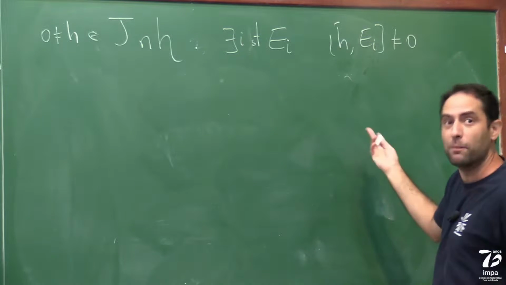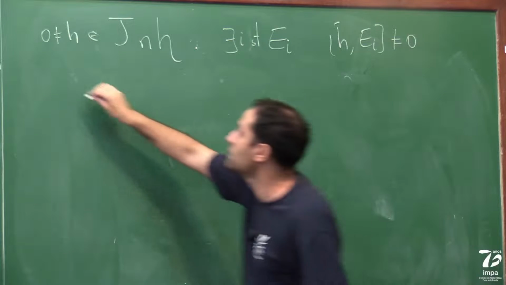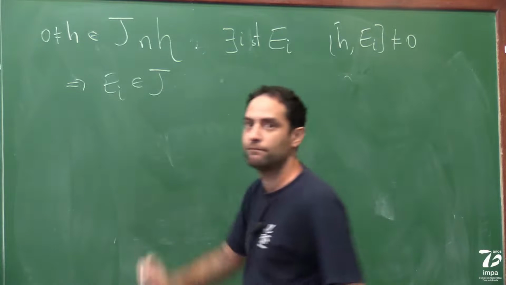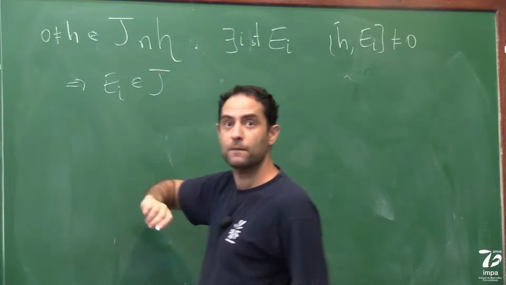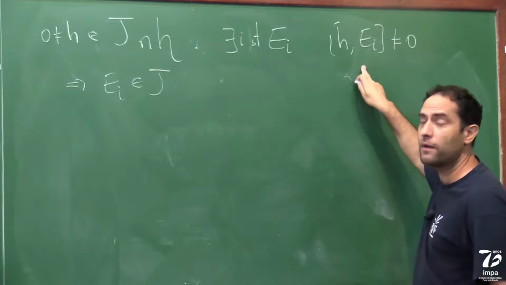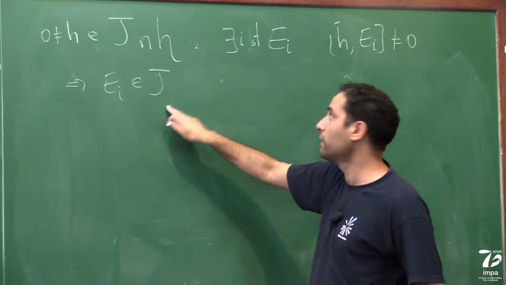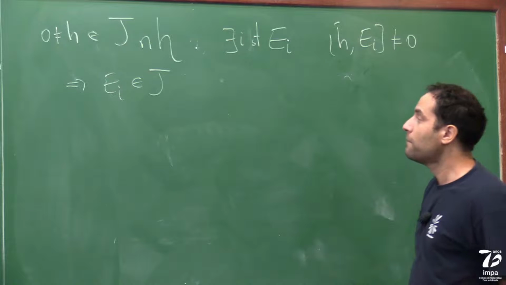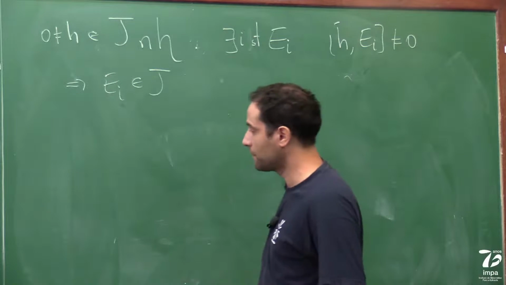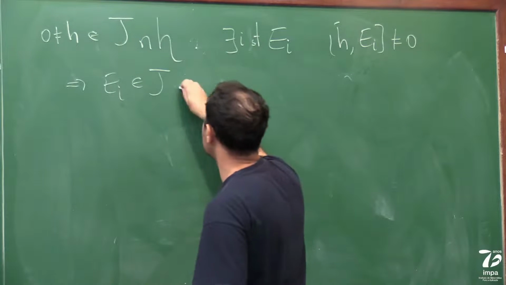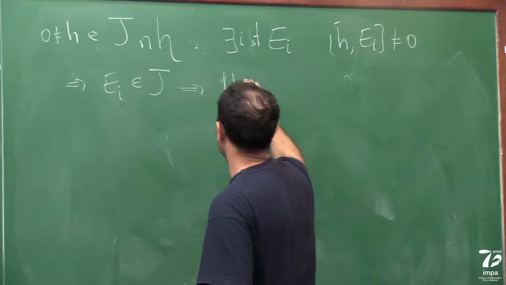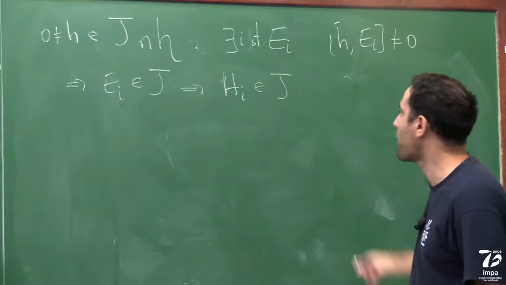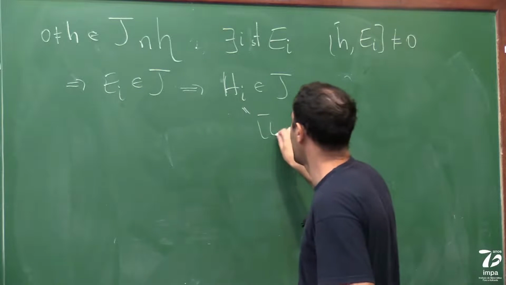But this thing is always a multiple of EI. So this means that EI is in the ideal. This is a non-zero multiple of EI. Therefore, EI itself is in the ideal because this is an element in the ideal. But if EI is in the ideal, then HI is in the ideal, because you just take the bracket of EI with FI.